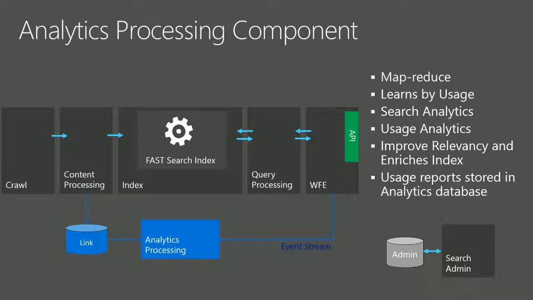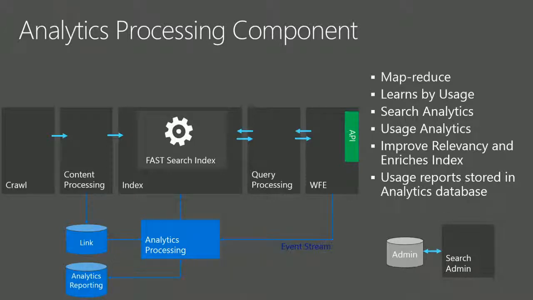Good point. And another thing that isn't exactly highlighted here, we talked about the content processing component pushing links into the link database. Well, this component is now looking at those links for link cardinality to determine relevance. So who's pointing at who the most, that type of relevance tuning.